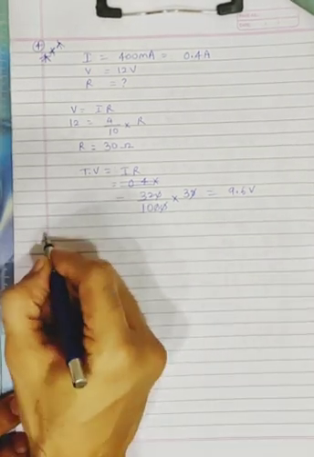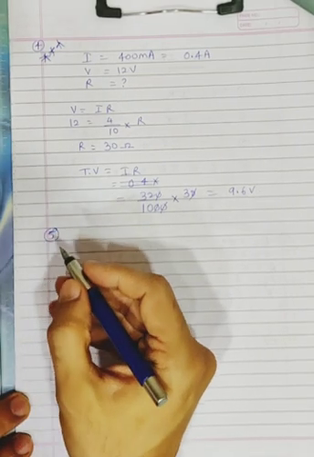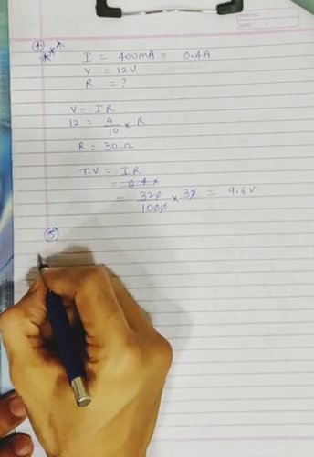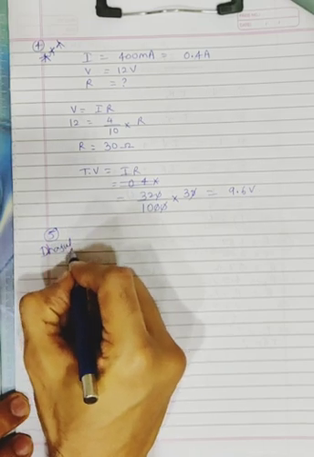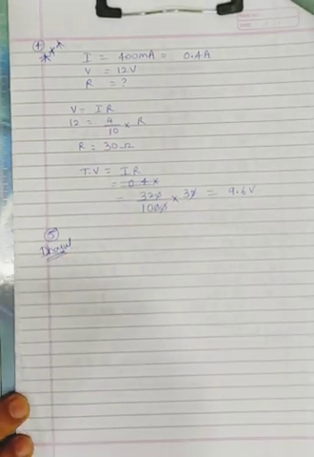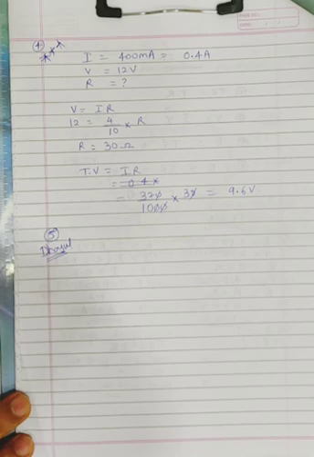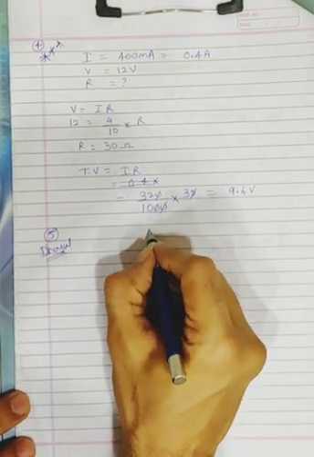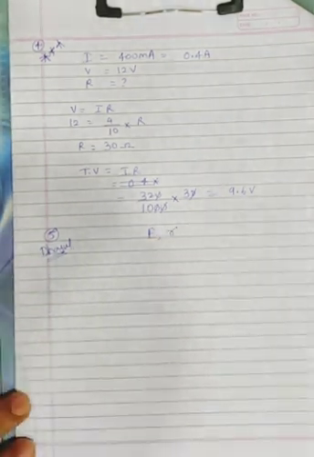Okay. Then sum number 5, you can mark it as a DASU problem, a very, very difficult problem. In this sum they are saying that there is a cell of EMF E and internal resistance r.